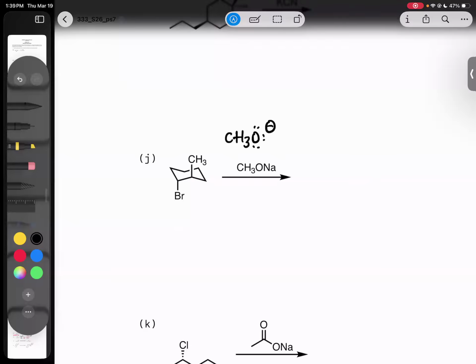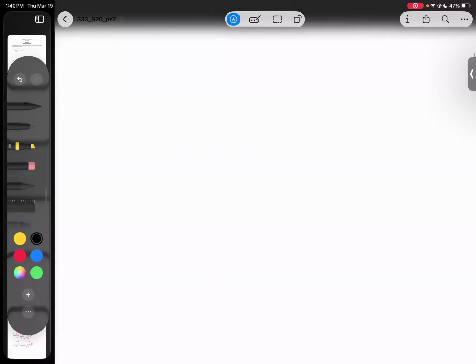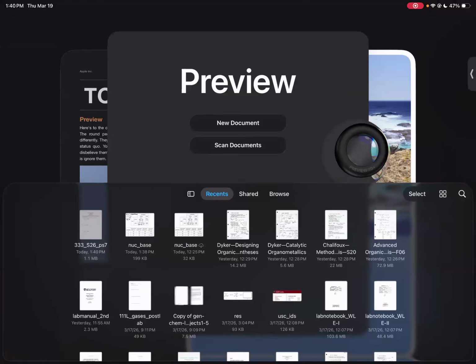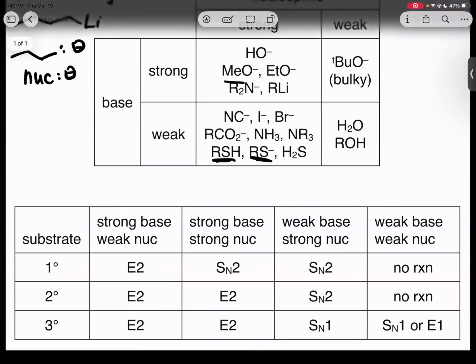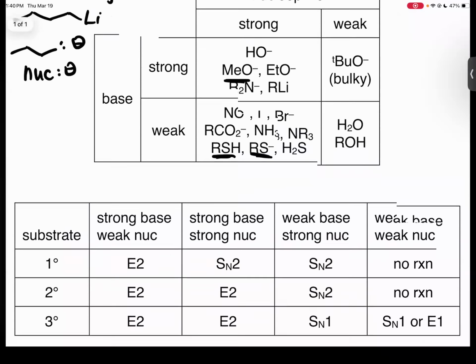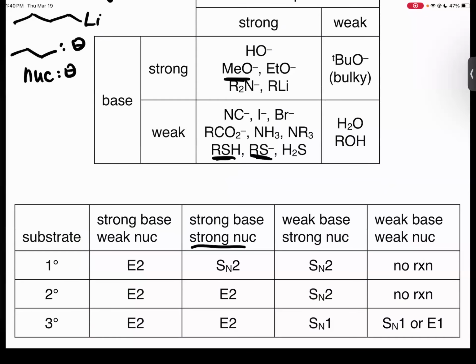So we've got CH3O minus, also MeO minus, and we have a secondary alkyl halide. So we have methoxide, strong base, strong nucleophile, and we have secondary. So it's an E2 reaction.